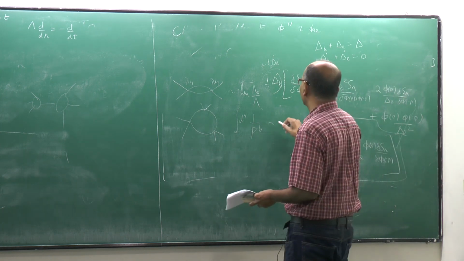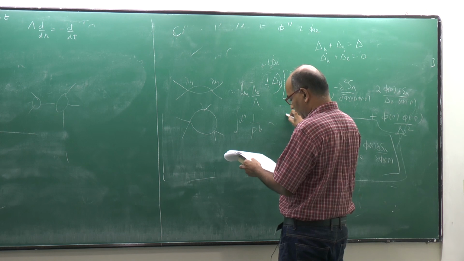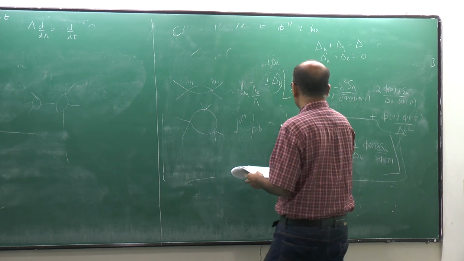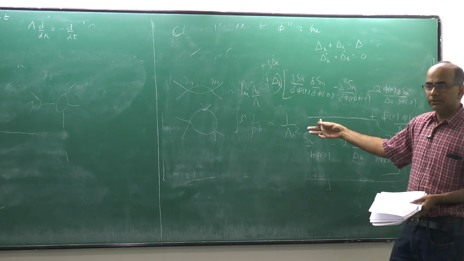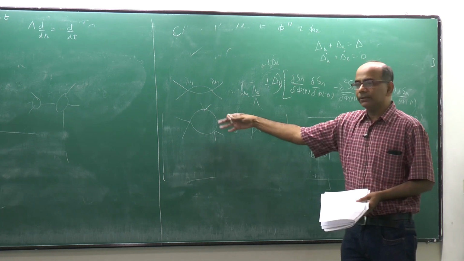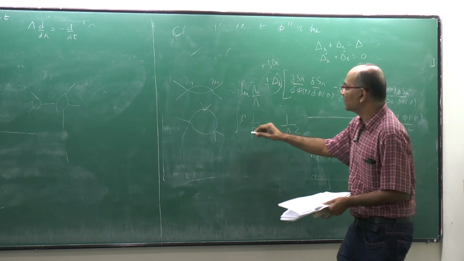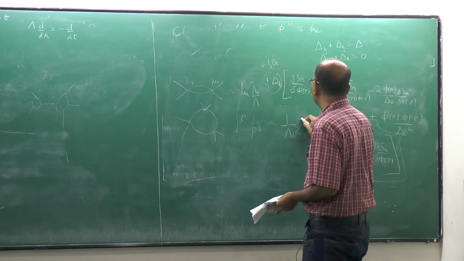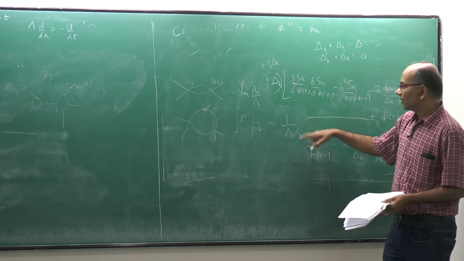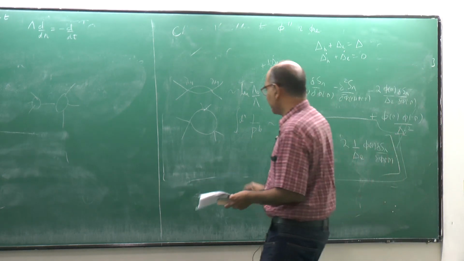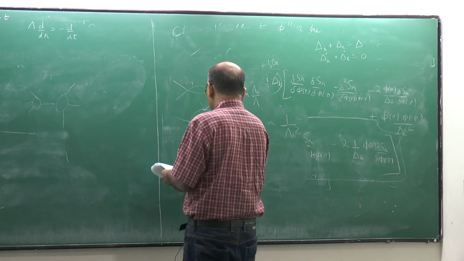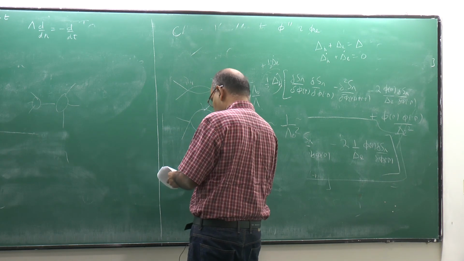So this is going to be of the form, when you integrate it, it's going to be 1 by lambda naught squared, just on dimensional terms. So this is the small lambda 6 term that you generate. So this is effectively a lambda 6 of order 1 divided by lambda naught squared. So this is allowed.